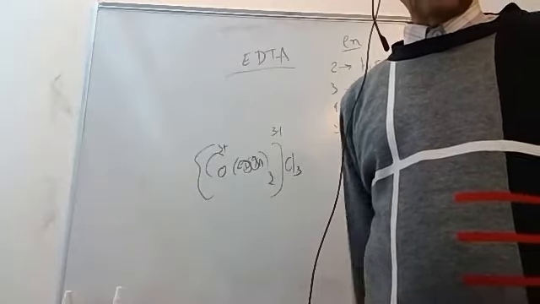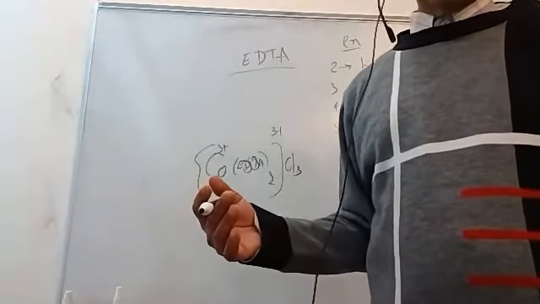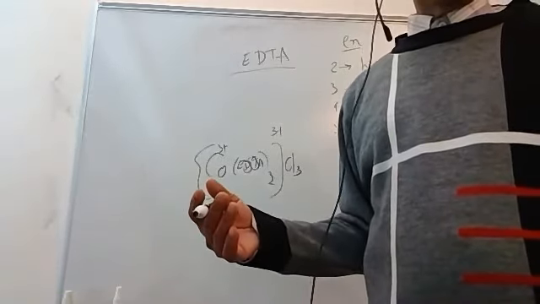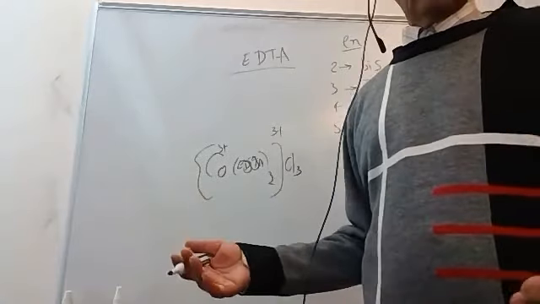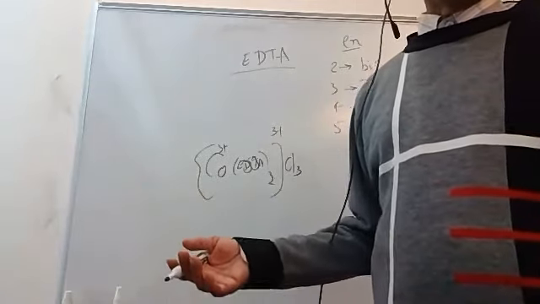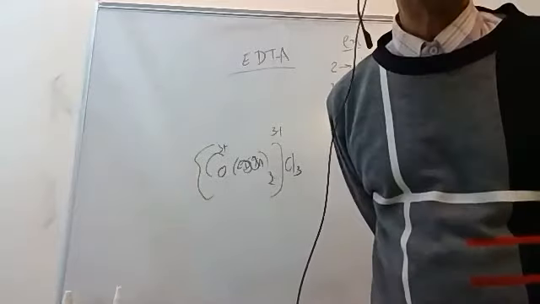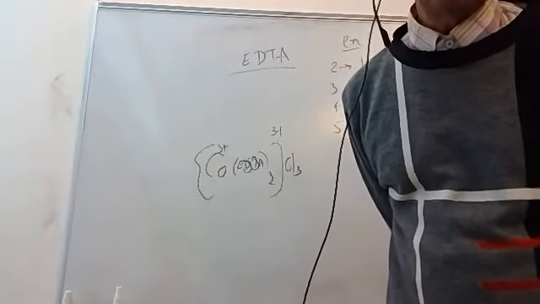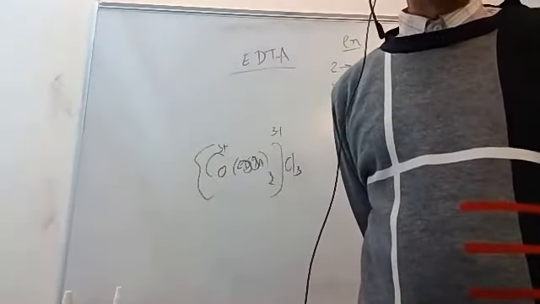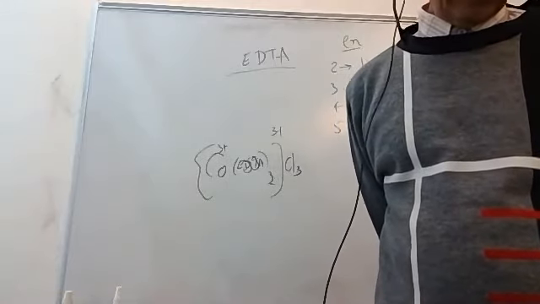Okay, now you get a feeling of when you use tris, bis, tetrakis, and when you use the normal di, tri, and tetra. It depends on the nature of the ligand. Am I making sense here, folks?